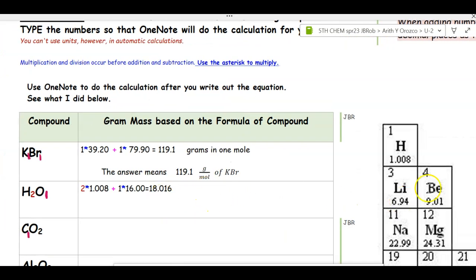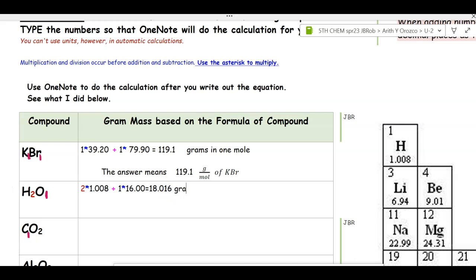Right now we're using this periodic table because I don't have one of ours at home. But whatever table we're using, we just use the numbers that are on the bottom of the screen. We don't round them. So when I did that, put an equal sign and pressed enter, I got 18.016 as the number of AMUs in 1 particle.